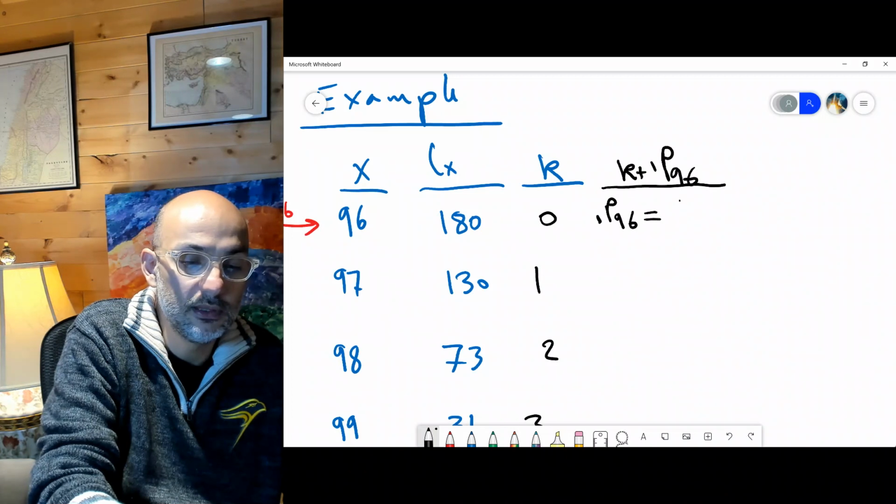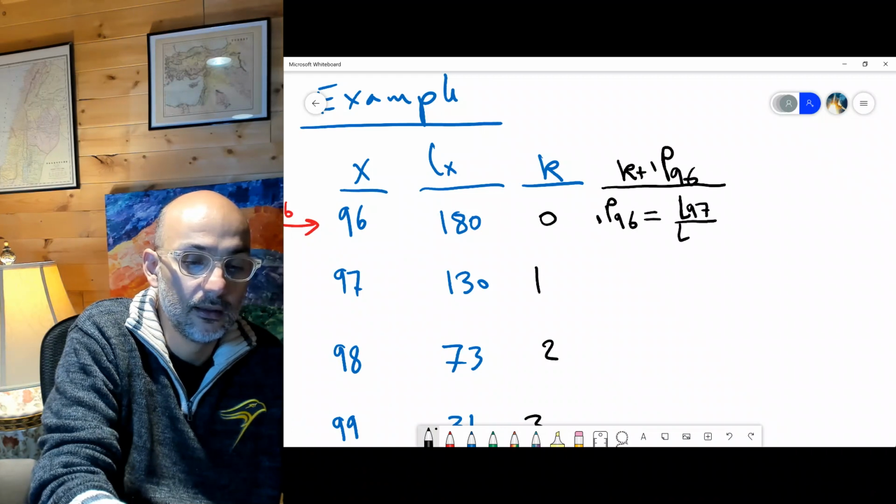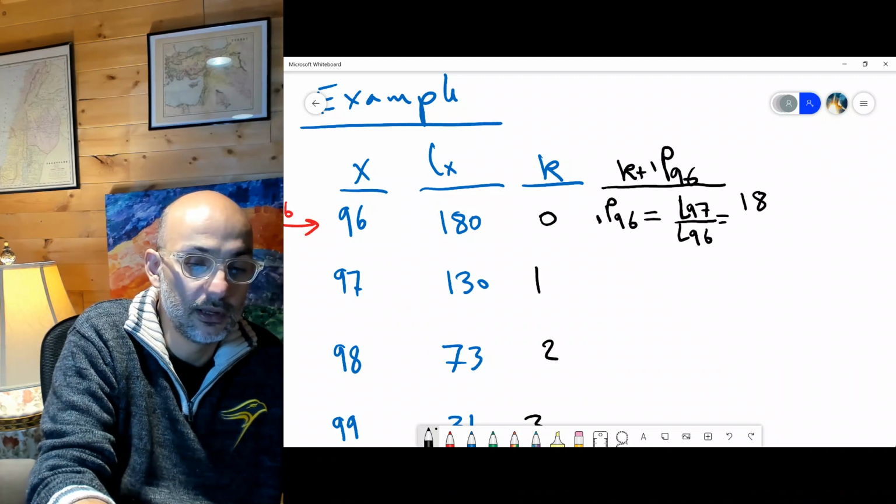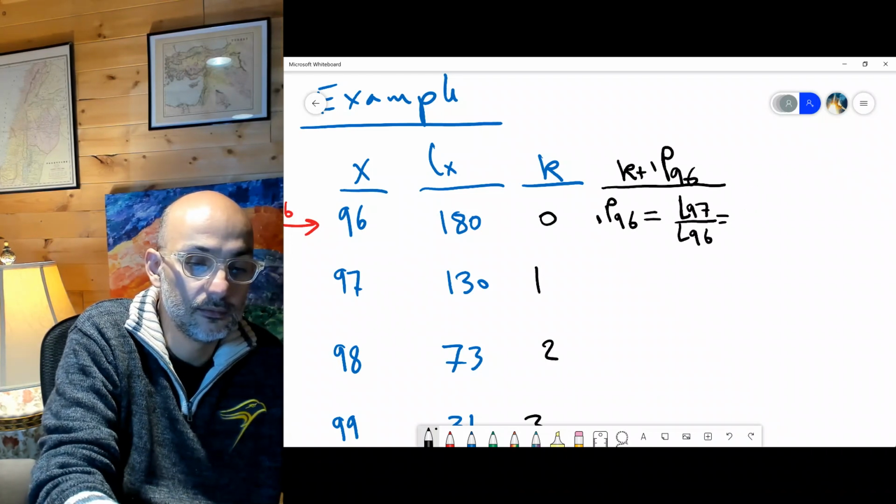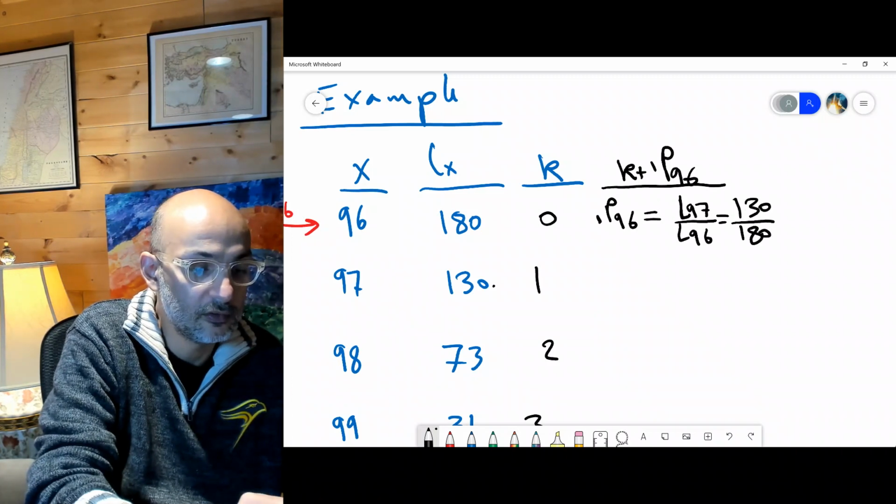And this will be L97 divided by L96. 130 divided by 180, right? This divided by this, right?